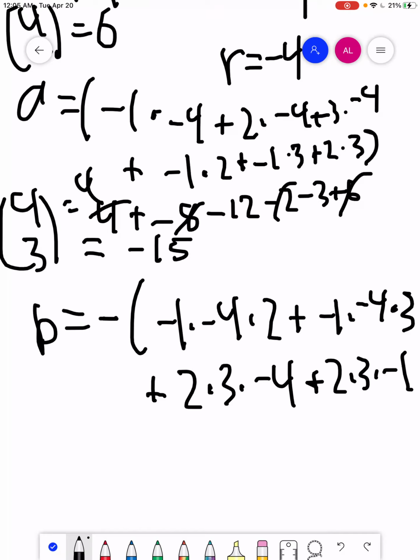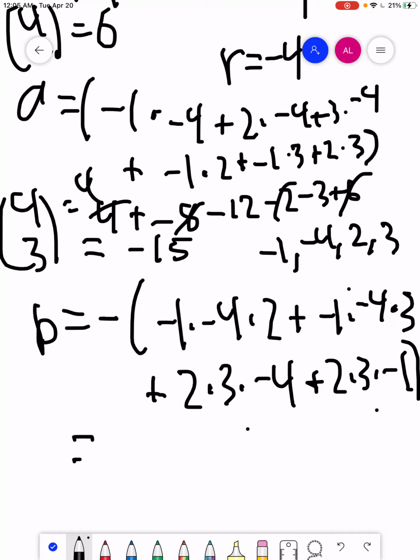In each of these terms we're omitting 1 root. Since our roots are -1, -4, 2, 3, this one omits 3, this one omits 2, omits -1, omits -4.